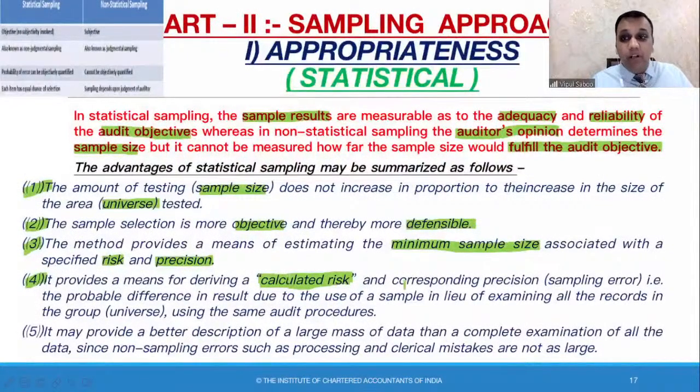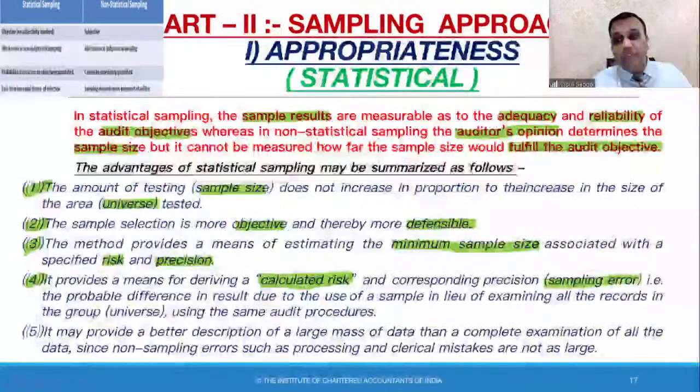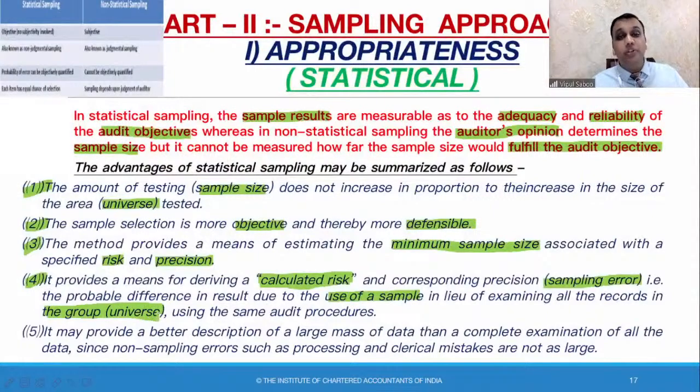And therefore, if there is a sampling error, what is a sampling error? That is what we have concluded from the sample, and if we apply that audit procedure on the whole universe, there is a bit of deviation.